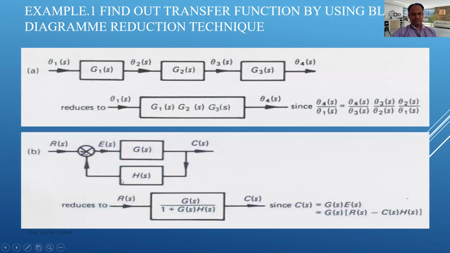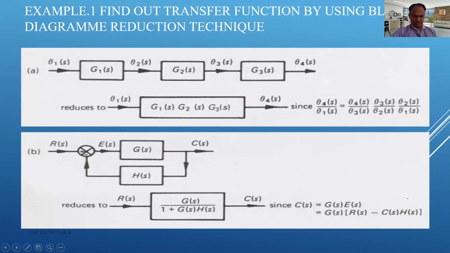Now, if there is a feedback loop, what are we going to do? We have to find out the actual sign convention of that feedback loop. Here you can see that the sign convention is negative, minus. In case of minus, the denominator will have a plus sign.